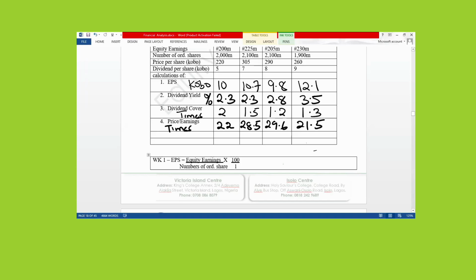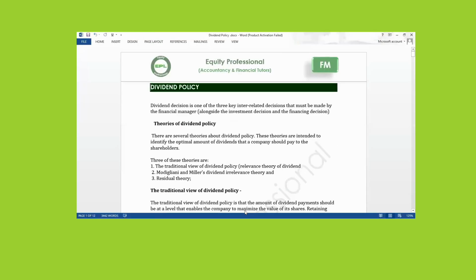We have done trend, we have done comparison. Our next topic is dividend policies.